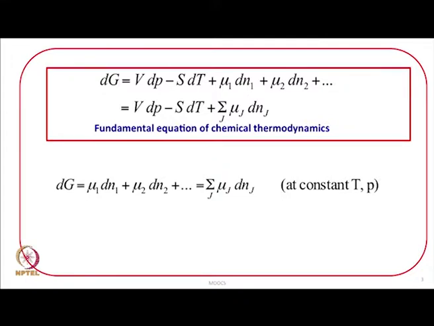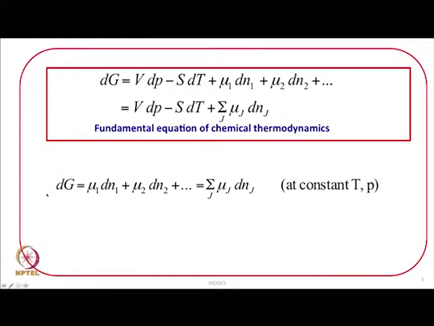If I fix the temperature and pressure, then the VdP minus SdT term will go. If I fix the temperature and pressure, only the remaining term will remain. That is, dG in that case will be equal to, if you expand this, mu 1 dN1 plus mu 2 dN2 and so on, which is equal to this summation J mu J dNJ at constant temperature and pressure.